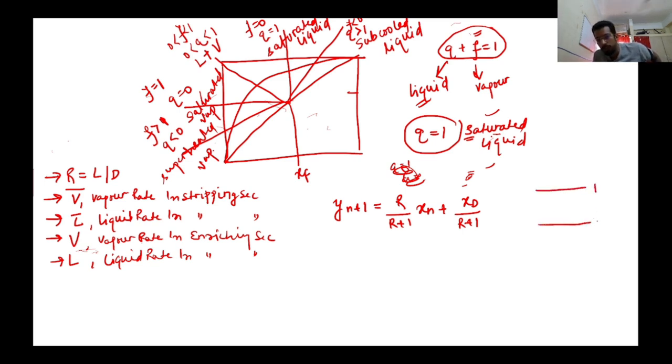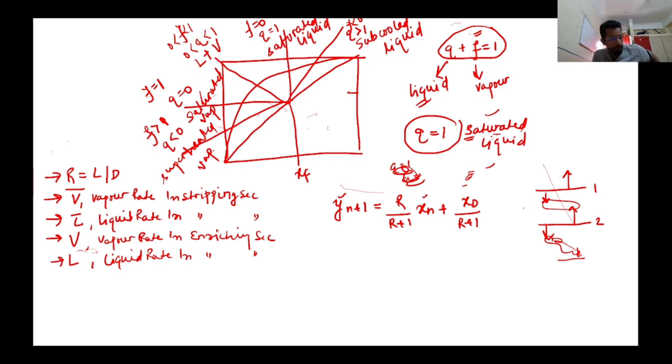Suppose 1, 2. Liquid is going down, vapor is going up. y(n+1), y(n): y is for vapor, x(n): x is for liquid.